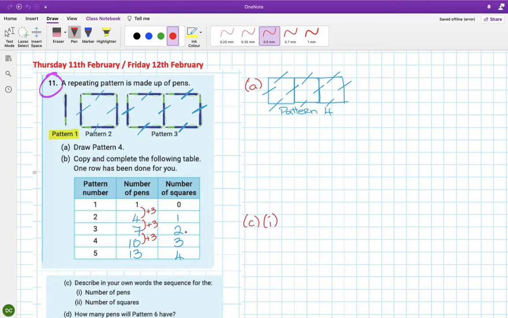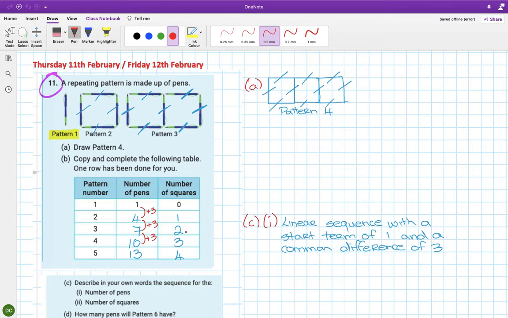So the number of pens is a linear sequence with a start term of 1 and a common difference of 3.